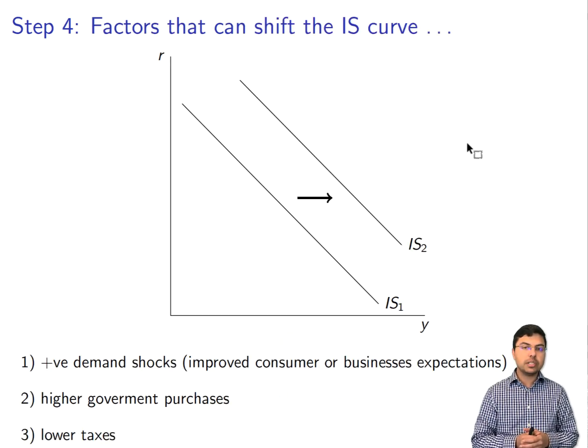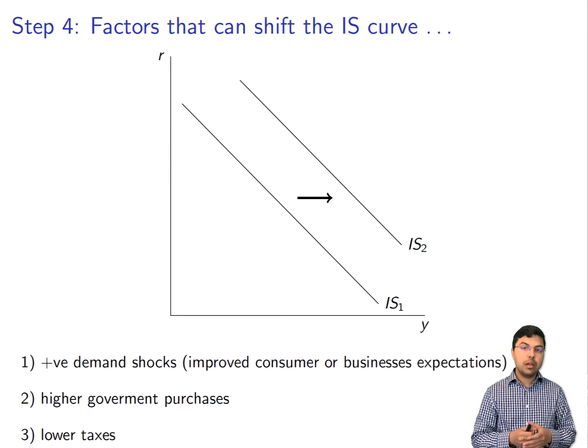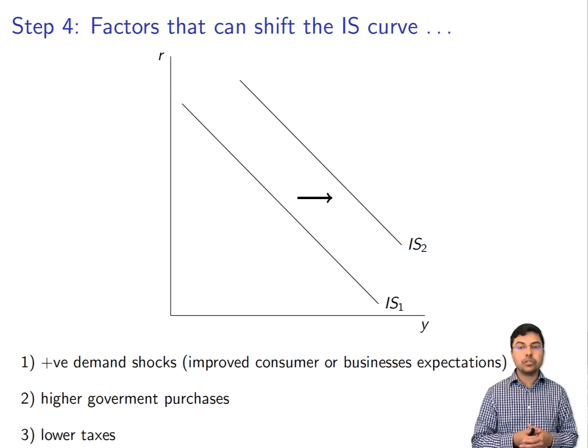Finally, it is worth understanding that if we change the real interest rate, we move along the IS curve. But changes in some external factors can shift the IS curve. So what are the factors that can shift the IS curve? Well, any of the following factors shift the IS curve to the right.